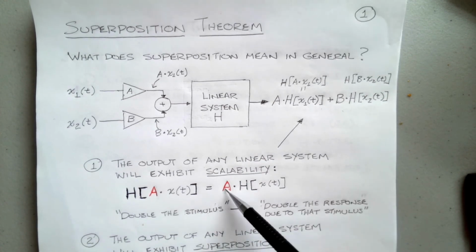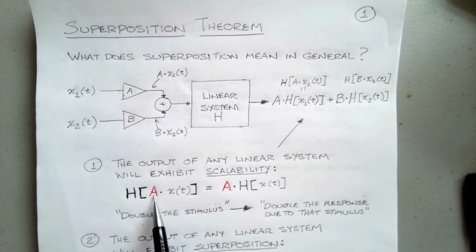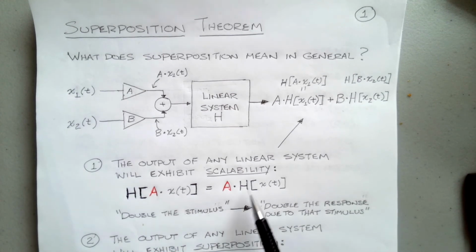That's stated down here: H of a times x of t. In general, the output of the system due to a scaled input is a scaled output. You take the output of just x of t and multiply it by a.